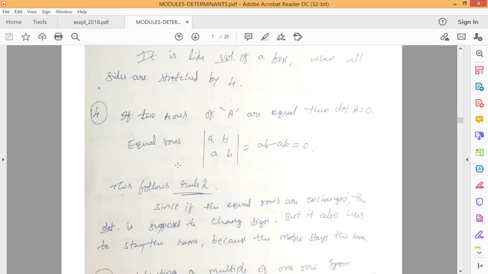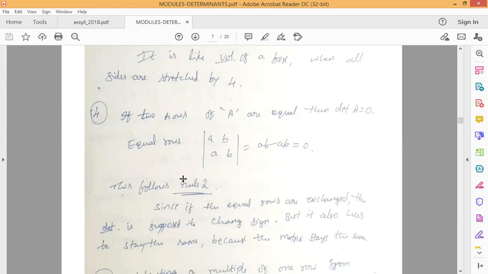And the fourth property: if two rows of A are equal, obviously the determinant of such a matrix will be equal to 0. Here in the first row we have A, B, and the second row also has the same elements as the first row. So AB minus AB results in the value 0. It means if two rows of the matrix A are equal, its determinant value will be equal to 0.